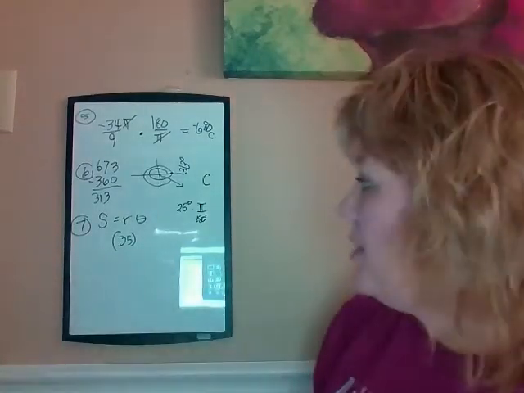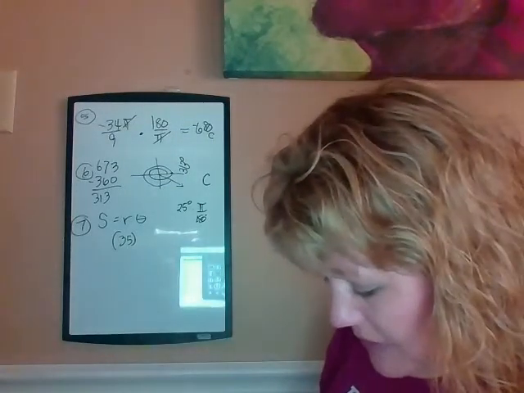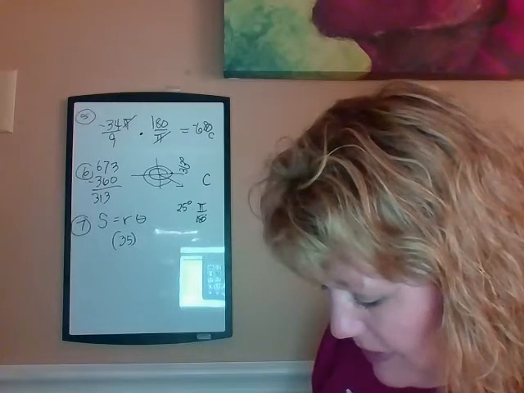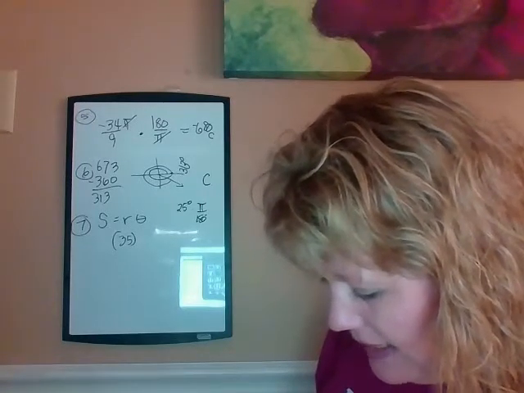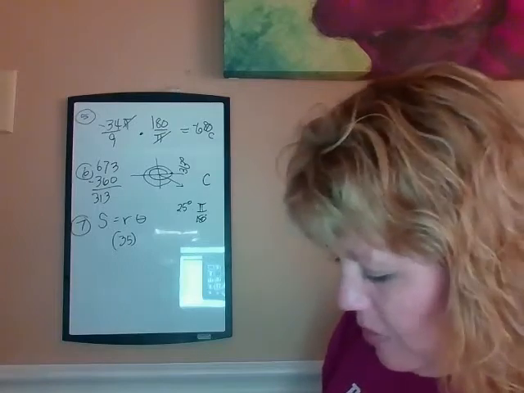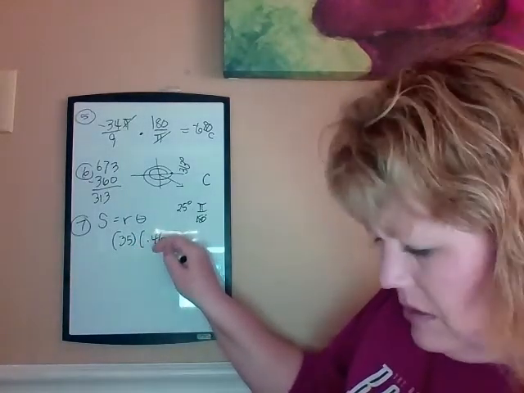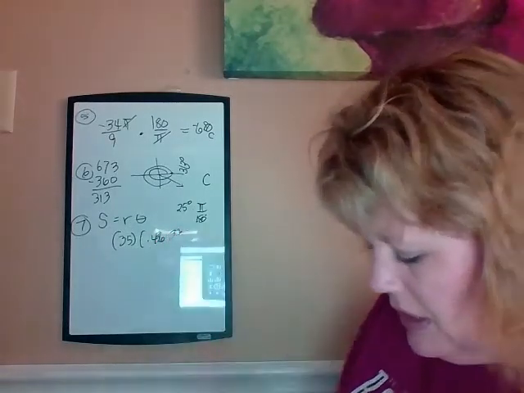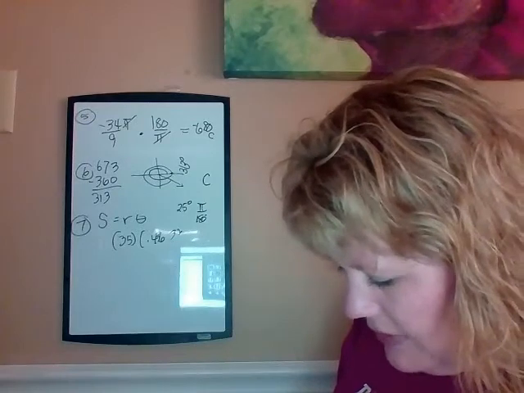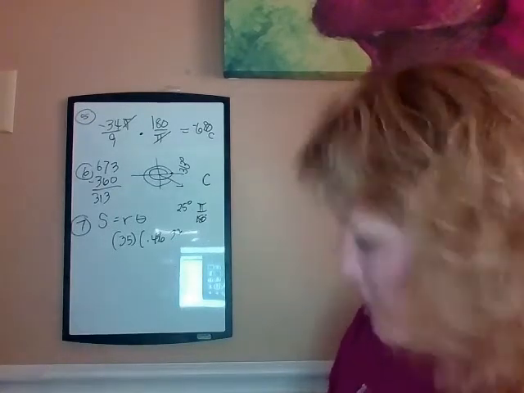You can put that in your calculator and get a decimal value: 25 times pi, using the pi button on your calculator, divided by 180, I get 0.43633. I'm going to multiply that by 35.